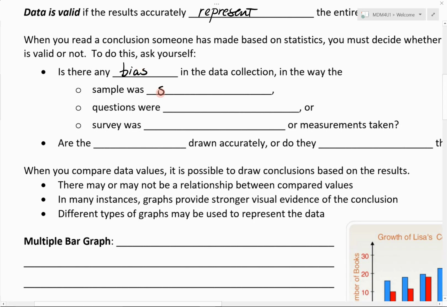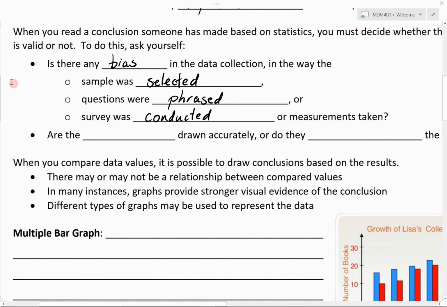That's one way to check for bias. Was it selected in such a way that could introduce bias? Were the questions phrased in an unbiased way? And was the survey conducted, or were measurements taken, properly?